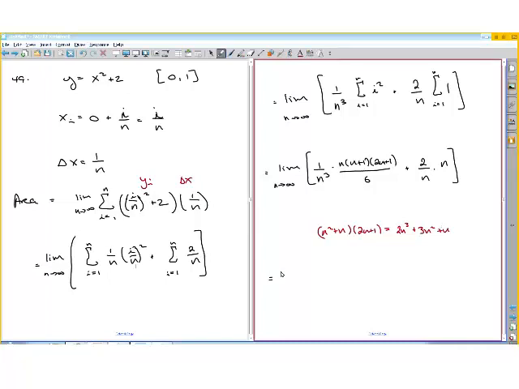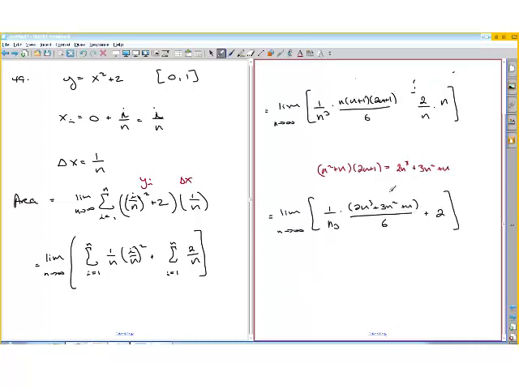So we're going to substitute that in there. We get the limit as n goes to infinity of 1 over n cubed times 2n cubed plus 3n squared plus n, all over 6. That's equation number 3, multiplied out. And the second thing we get is just 2, because we cancel out the n's in that second term.